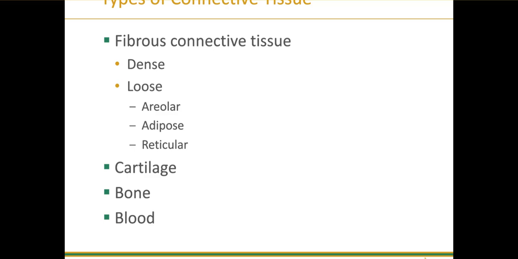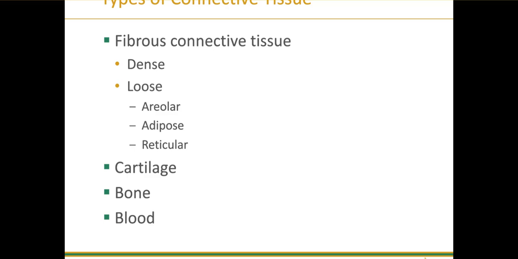Bone is also a type of connective tissue. Bones are osseous tissue, and they are composed of osteocytes. Bones are a very important matrix in your body that provides strength to your skeletal system.